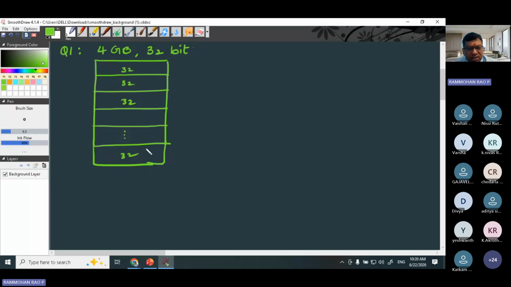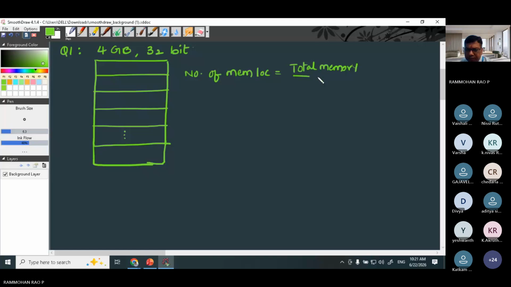Now, how many such slices, how many memory locations, will I get? First of all, I need to calculate the number of locations. Number of memory locations is equal to total amount of memory divided by size of each location.